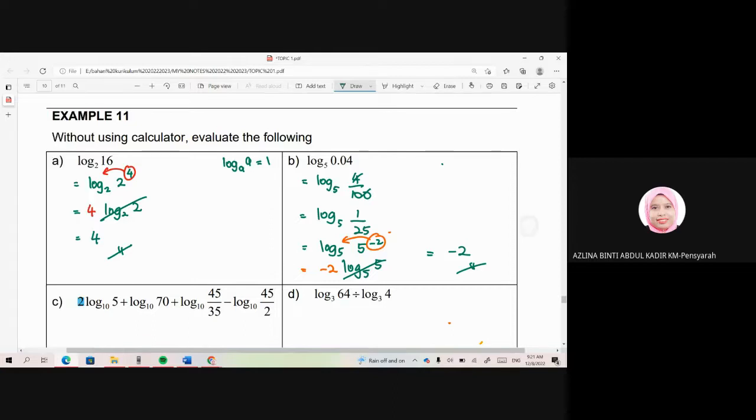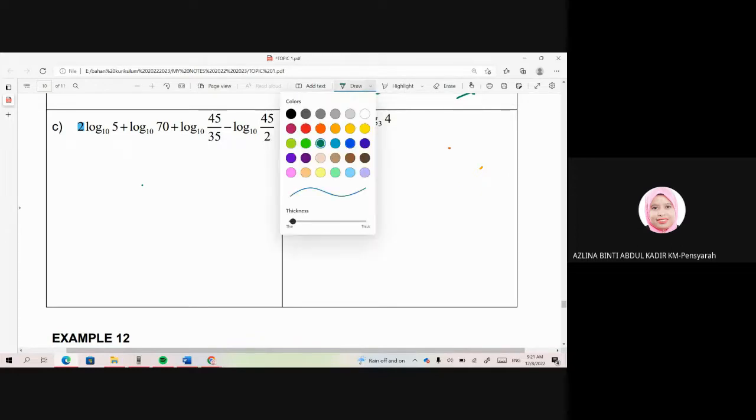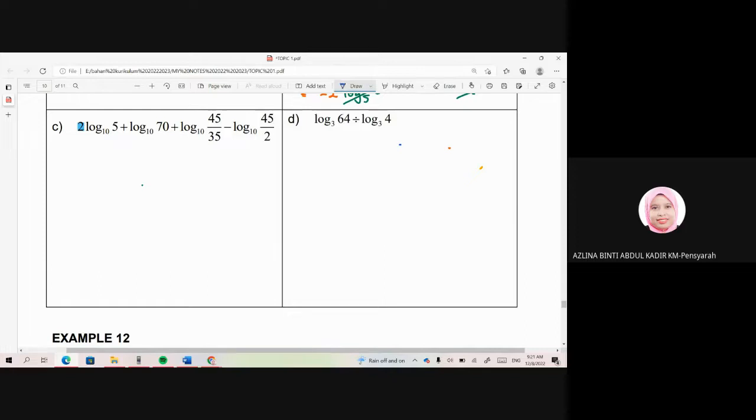Next, C. 2 log 5 plus log 70 plus log 45 over 35 minus log 45 over 2. First, you look at the coefficient in front of each log. We only have 2 in front of the first one. This one is 1, here is 1, here is 1.